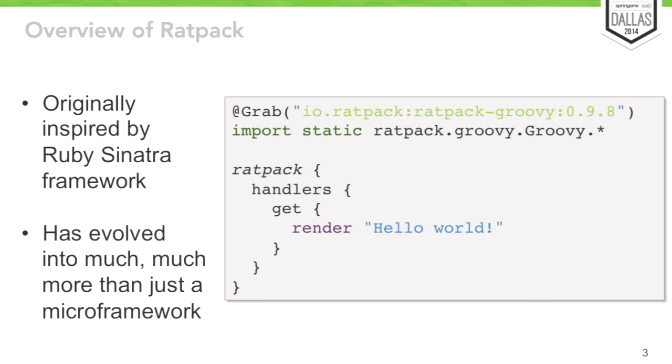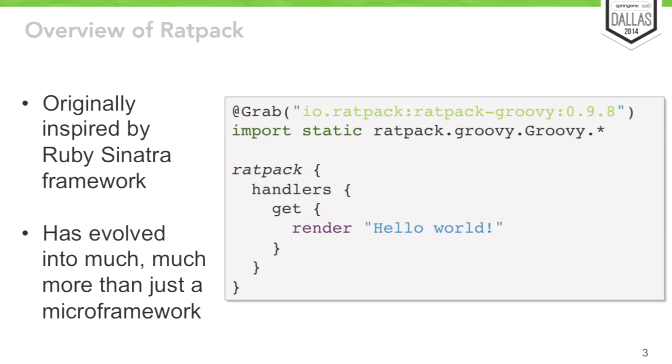That's a pretty popular and powerful concept, especially with the emergence of microservices, where micro frameworks like Sinatra are very pertinent. Like I said, Ratpack was inspired by that, but since then it has grown to be much more than just a micro framework. Today we have support for full stack technologies, like server-side templating, and real-time data streaming with WebSockets and server-sent events.